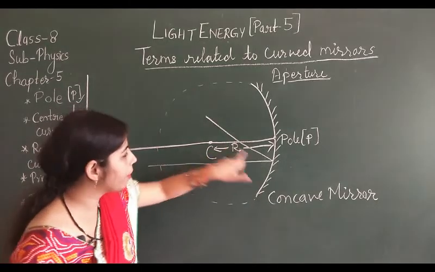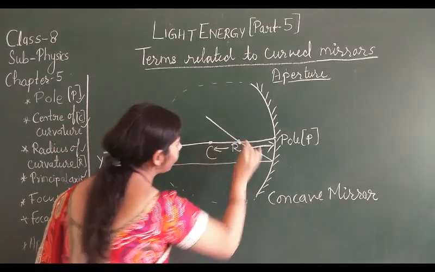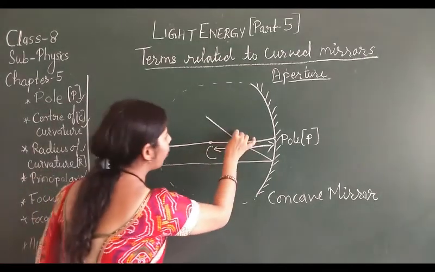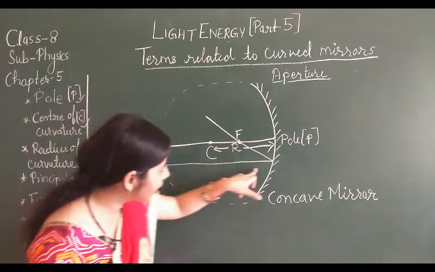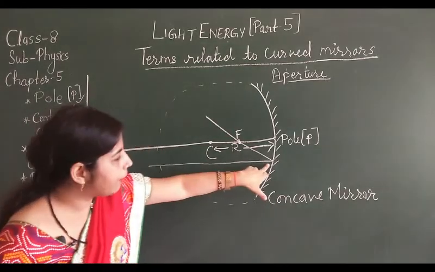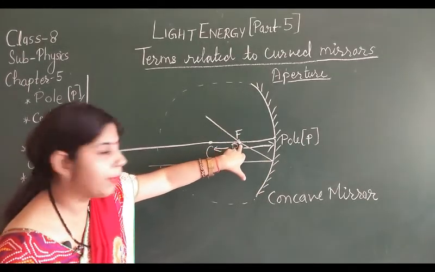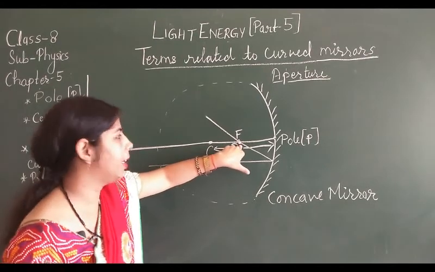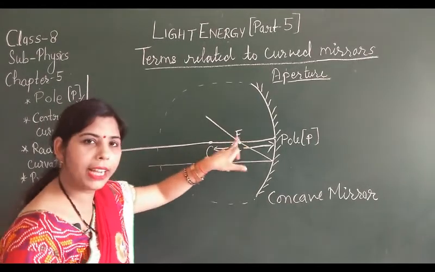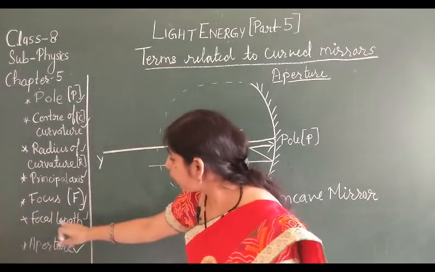The point where it passes through the principal axis is known as F. That means when a parallel ray is going, after striking the aperture, it passes through the principal axis, and from where it is passing, that is known as the focus or principal focus, which is denoted by capital F. Now the next is the focal length.